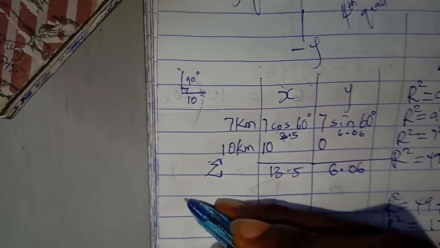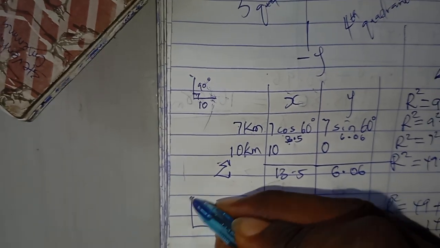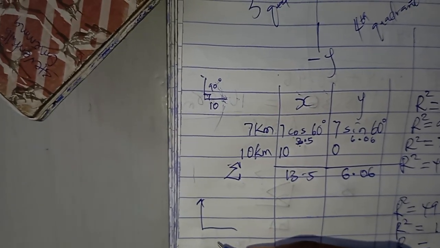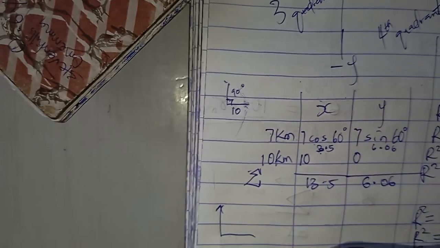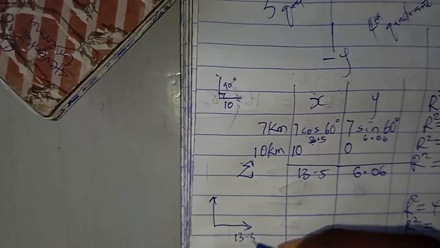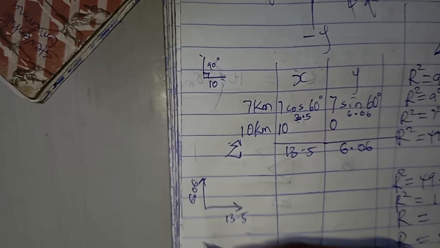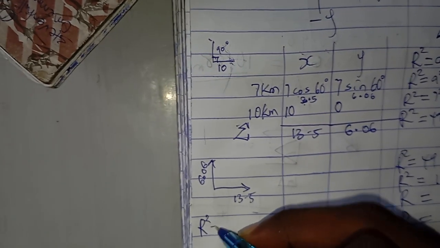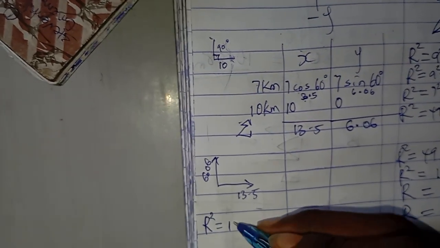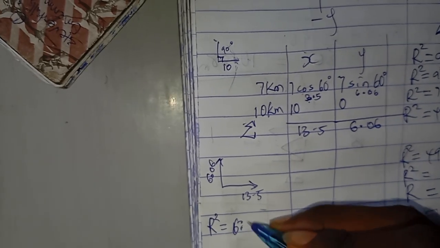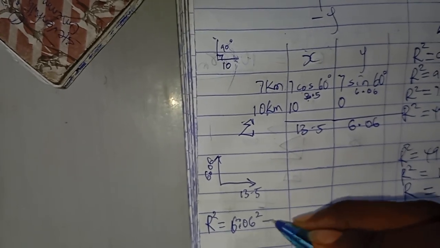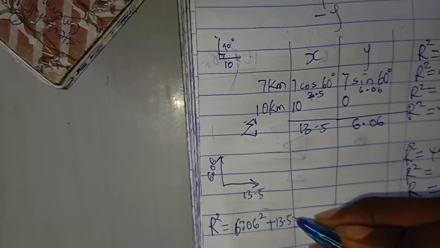All right, so on the x I have 13.5, and on the y I have 6.06. So let's do this now. I'll use Pythagoras. R squared equals 6.06 squared plus 13.5 squared.